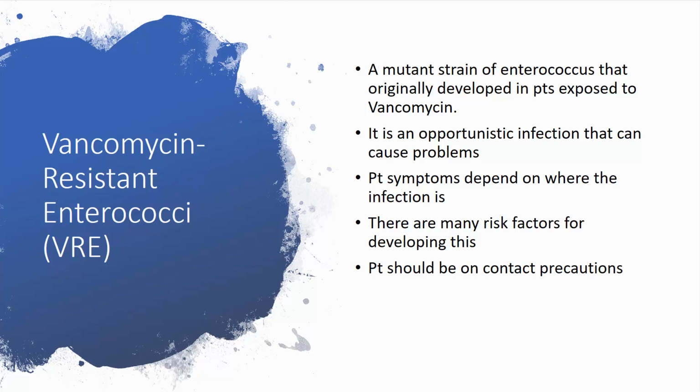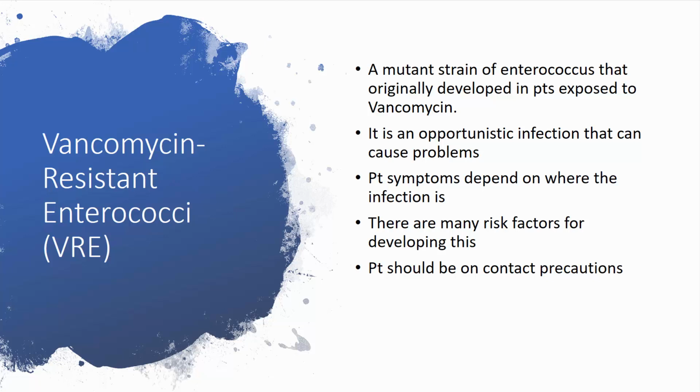So the thing you have to realize is, some of the risk factors for developing this: prolonged hospitalization, also a severe injury or abdominal surgery, because think about it, it's a bacteria that lives in the intestinal tract. Also, people that are immunocompromised are more at risk for developing VRE. So the symptoms are going to really be dependent on what all's going on with them.